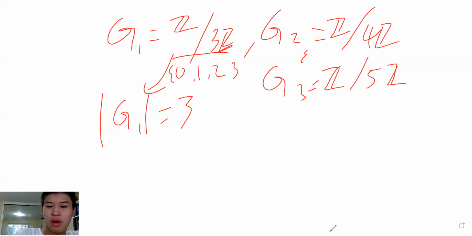The order of G2 will be 4: 0, 1, 2, 3. And the order of G3 will be 5: 0, 1, 2, 3, 4.